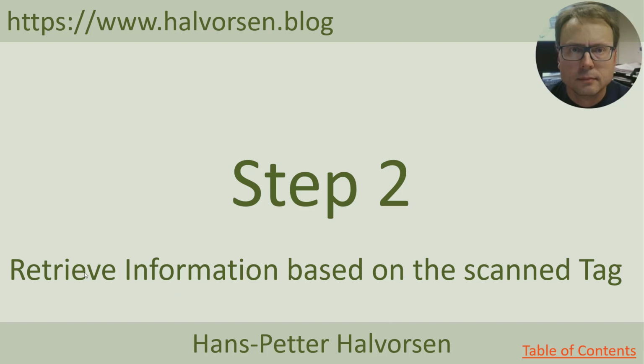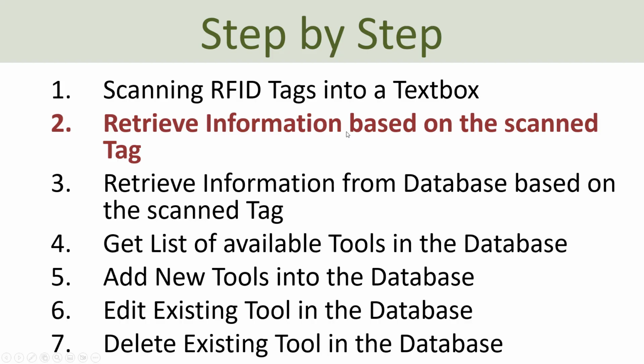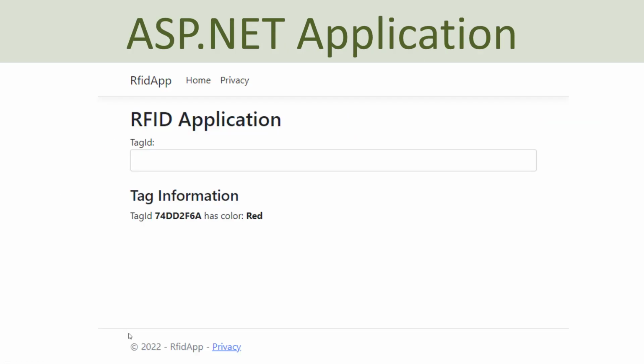In this step we are going to retrieve information based on the specific tag we scan on top of the reader. So basically we are on step 2 of in total 7 different steps in this application. Here you see step number 2.